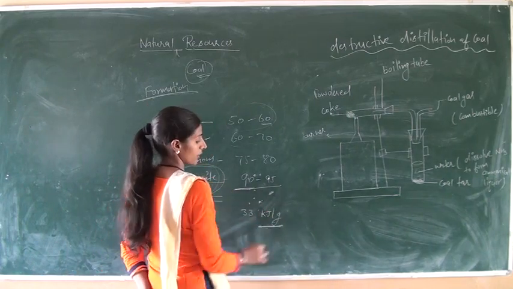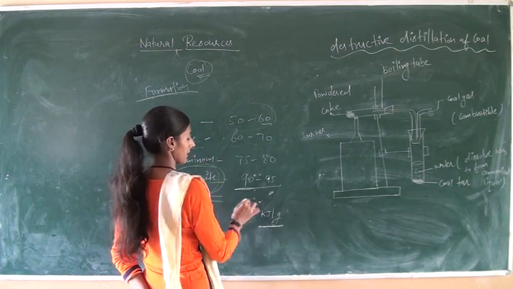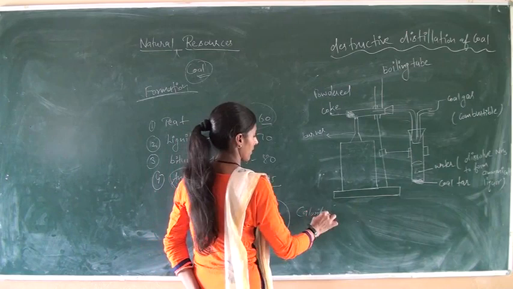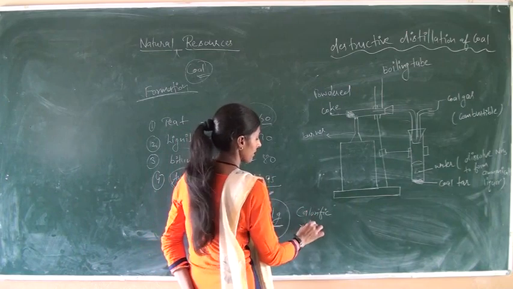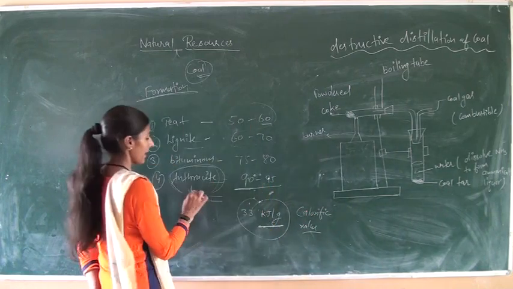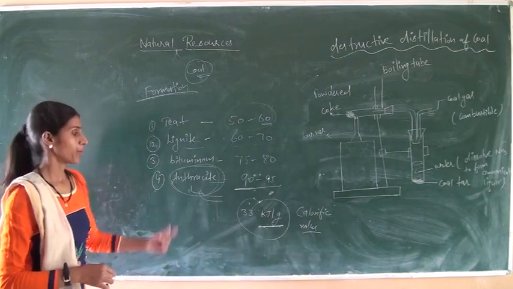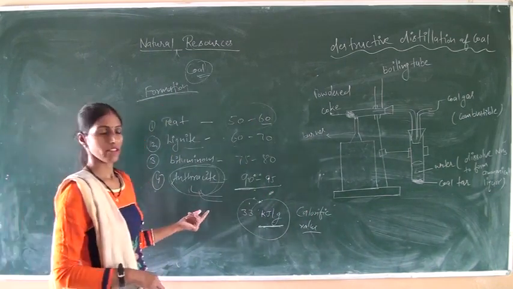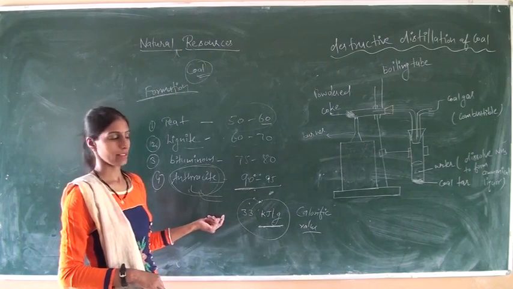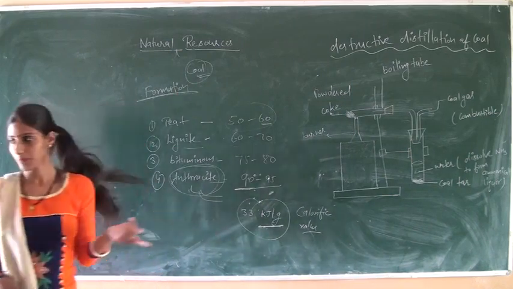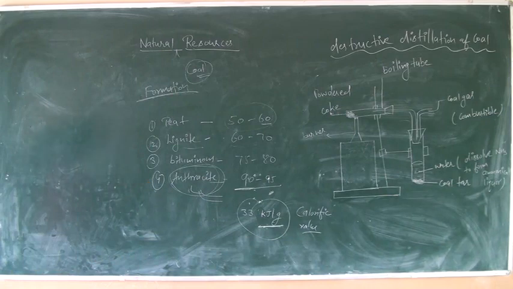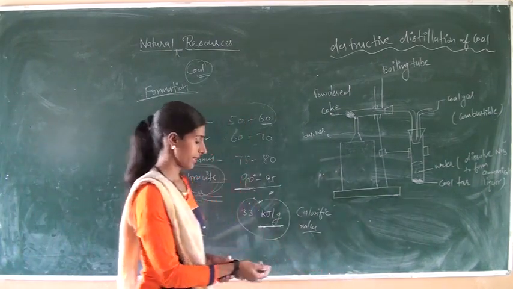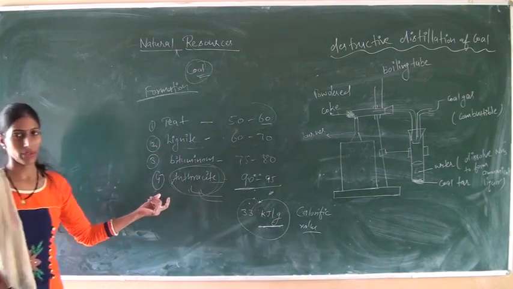This is the unit of energy, and it is the calorific value of anthracite, which is the purest form of coal and the best used by humans in their life. Anthracite is the hard form of coal.